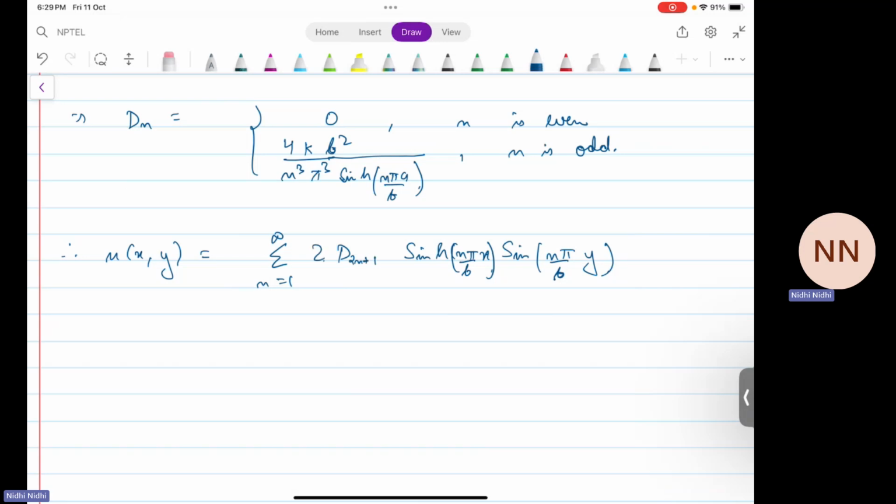I'll just replace n by 2n plus 1 from everywhere. So this is sine hyperbolic 2n plus 1.